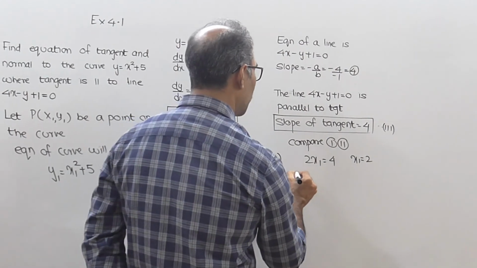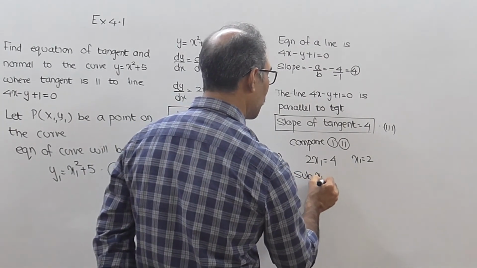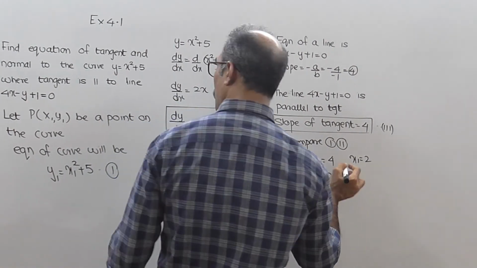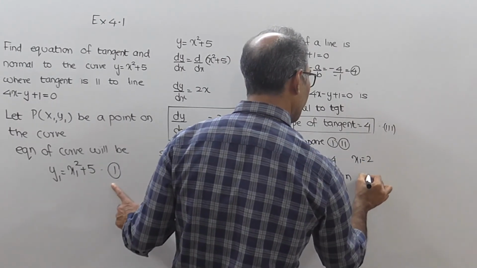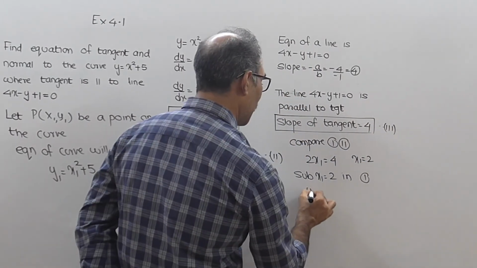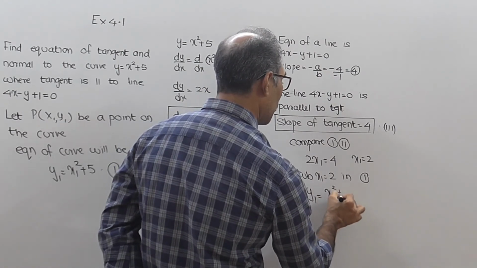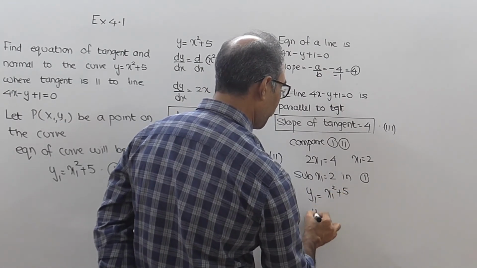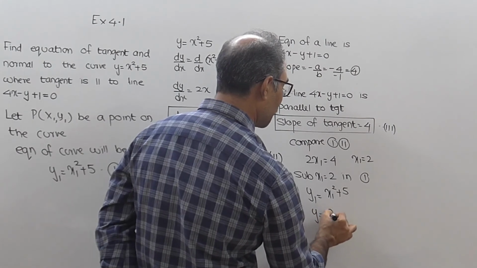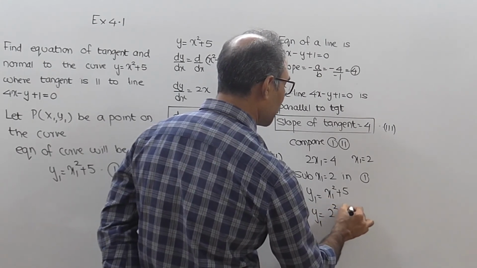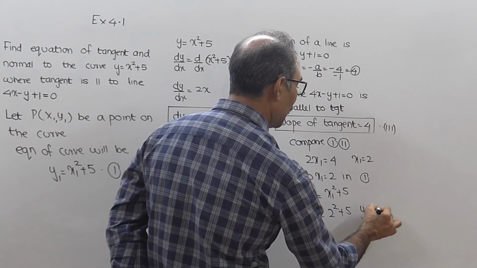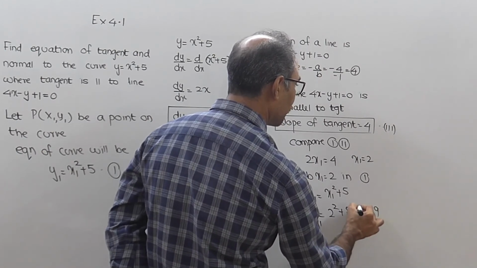So I will substitute x1 equal to 2 in 1. If I put it in 1, I get y1 equal to x1 square plus 5. x1 is 2, so 2 square plus 5. Therefore, I will get the value of y1 as 9.